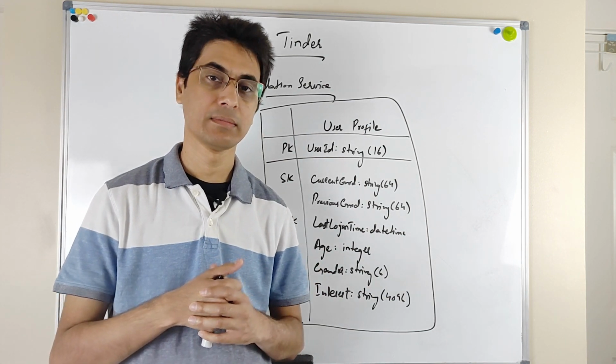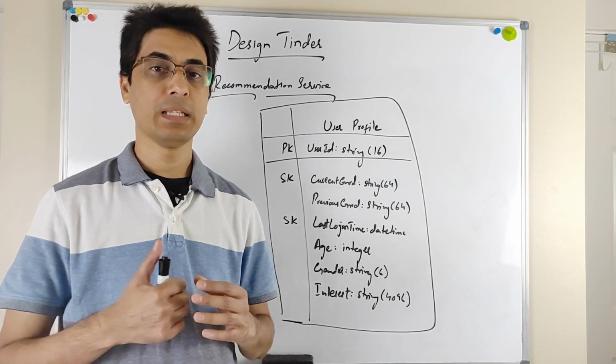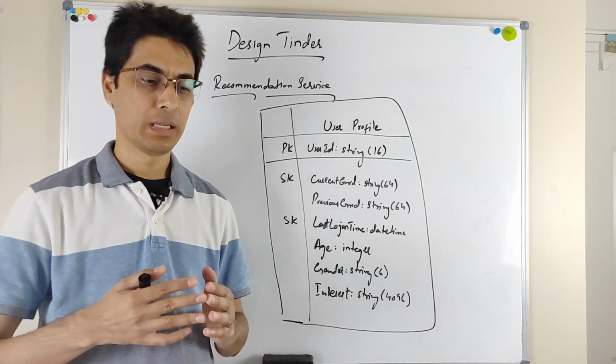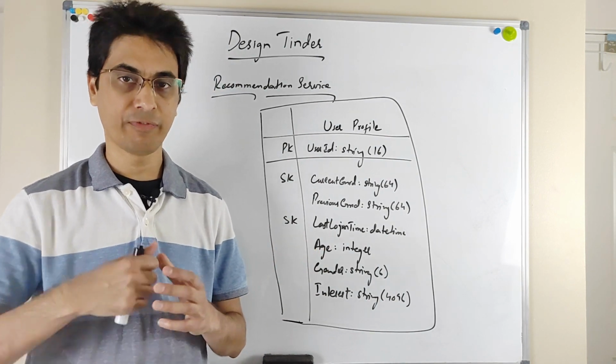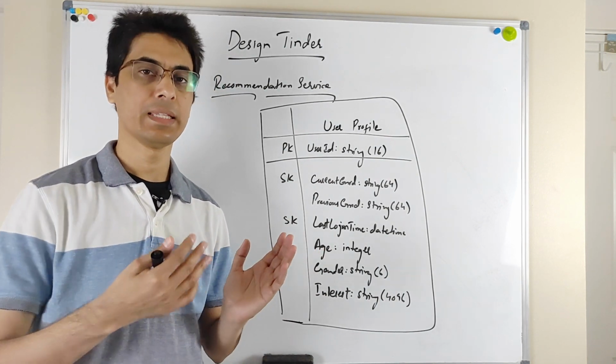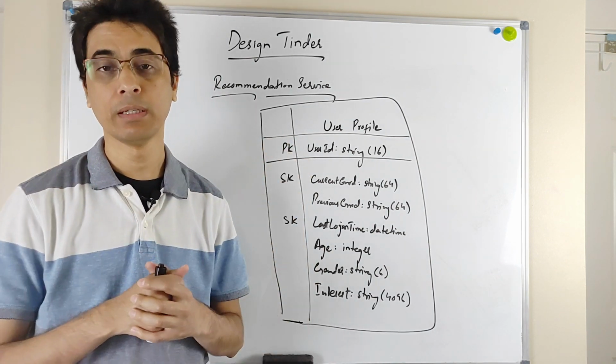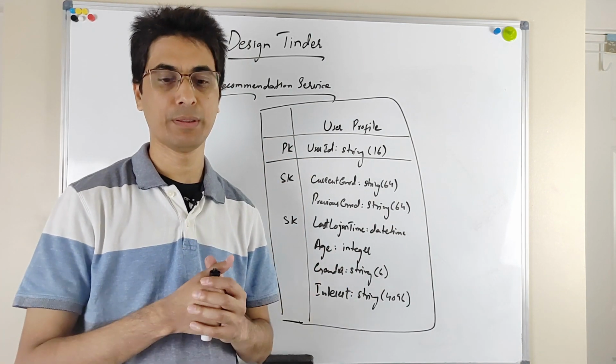I think it's pretty obvious that running this query on the data store again and again, where we are querying some set of profiles and then filtering out those profiles based on the criteria that the user has already seen them using some mechanism, will be very, very expensive.